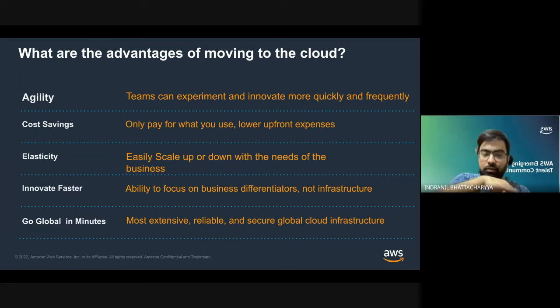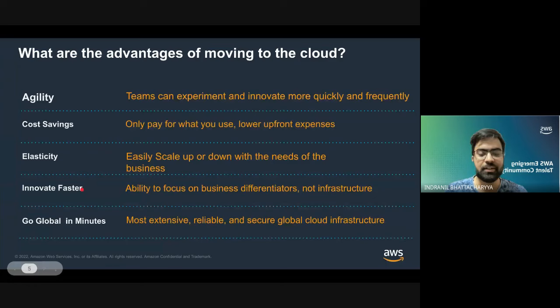So if you move to the cloud domain, that fixed cost becomes a variable cost. Whenever you do not need the service, you can spin down. Whenever you need more service, you can scale up. That fixed cost becomes a variable cost. So if you manage these services really well, you can actually have a lot of cost saving as well.